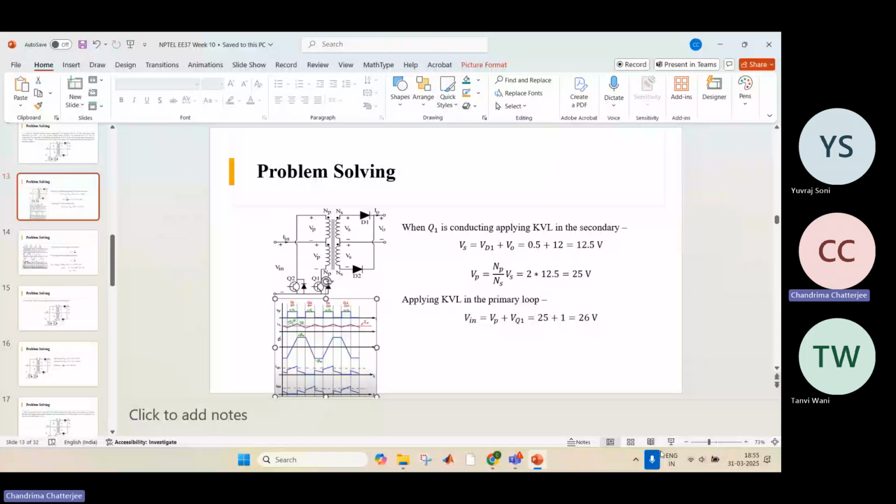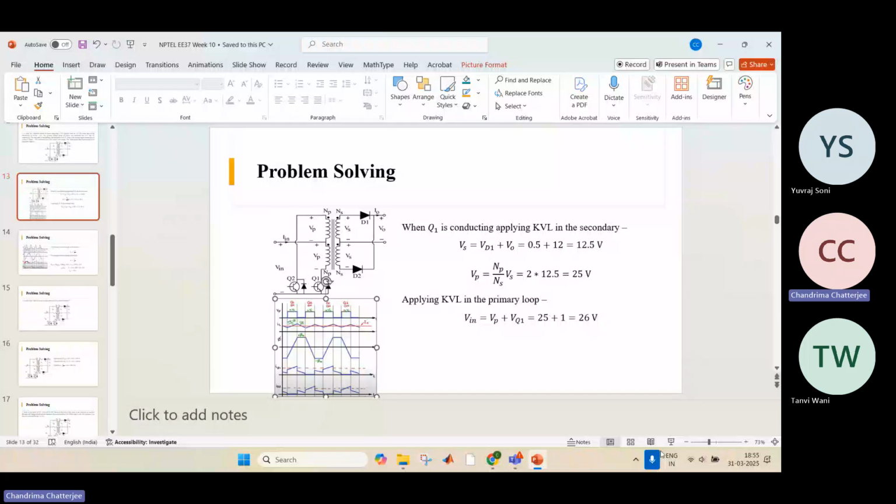So we can apply KVL here, which is the secondary voltage is VT1 plus V out.